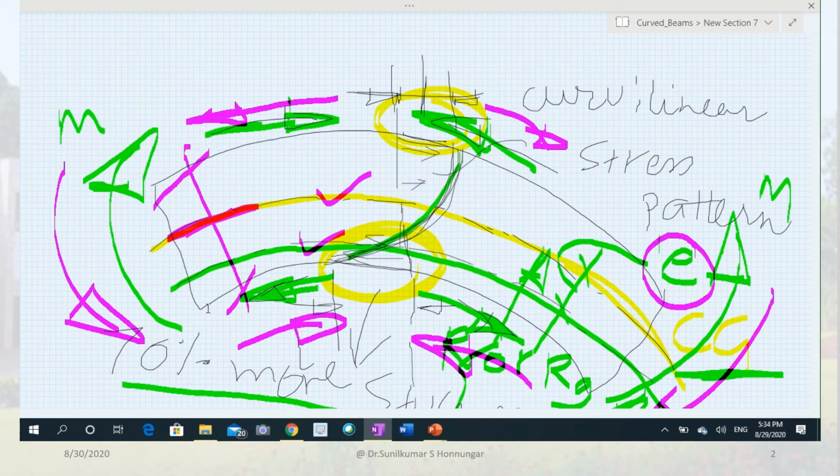In a straight beam, both the central axis and neutral axis coincide with each other. This is due to the infinite radius of curvature, and it is considered a straight beam.